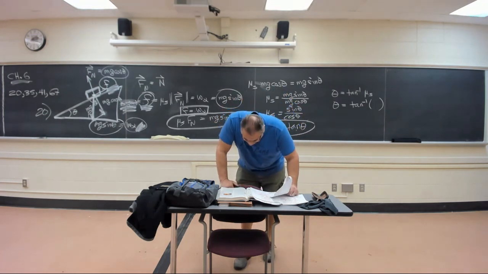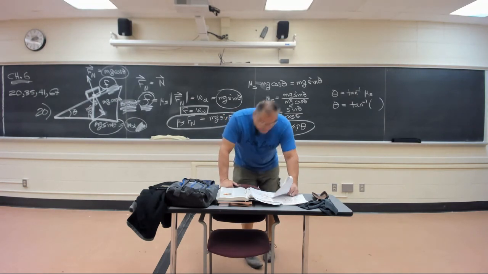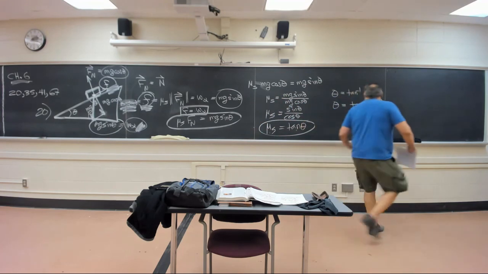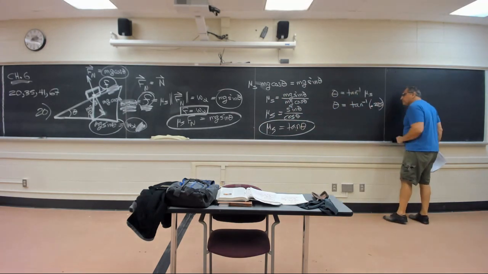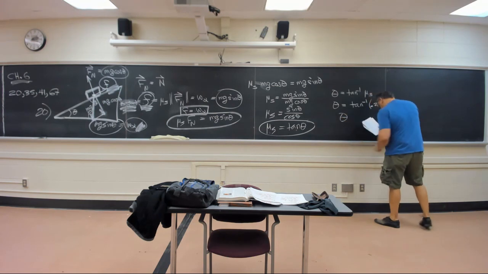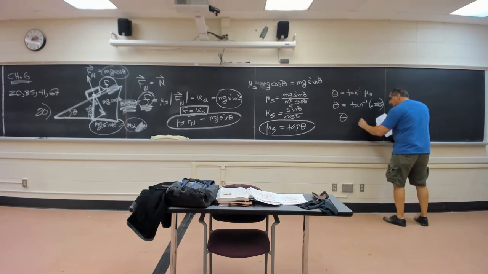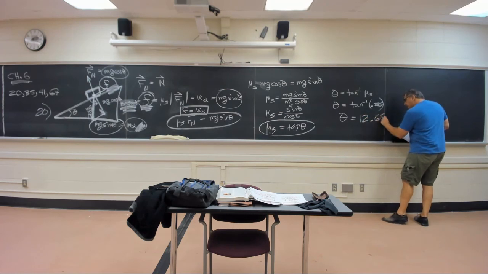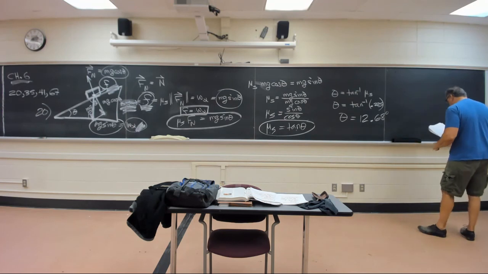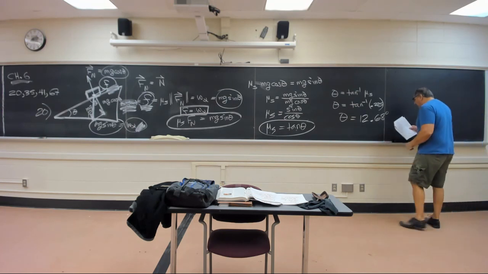So you look at it, they're telling us the coefficient of static friction is 0.225. So you put that here. At the end of the day, this is the maximum angle. Make sure if you're dealing with radians, you convert them to degrees, unless they ask you to give it in radians. The question will be clear what they're asking.